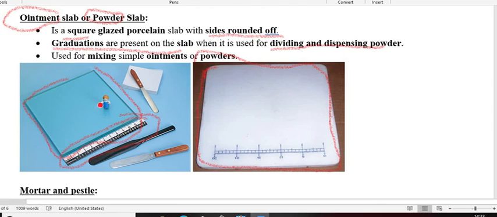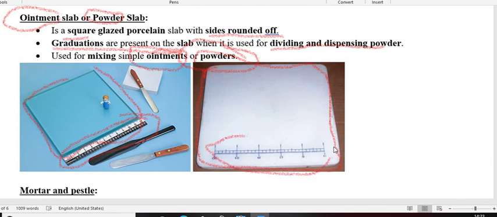This slab is used for mixing ointments having different ingredients and also for mixing powders. So this is about the ointment slab or powder slab, which is graduated to divide the dosage.